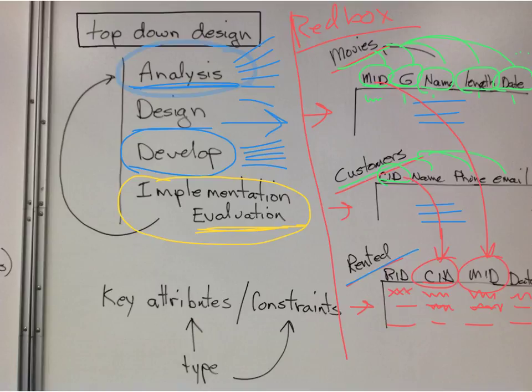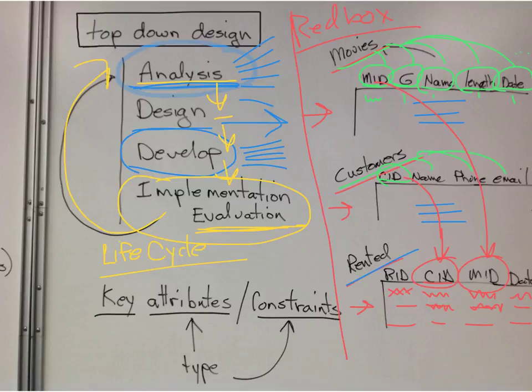If you find some issues, you go up and you analyze the issues, design a solution, develop the solution, and implement it. Sometimes this would be referred to as a life cycle. You can keep fixing and fixing until eventually you start with a whole new design. Important parts. We're going to talk a lot about keys, key attributes, and what constraints we might have on those attributes.